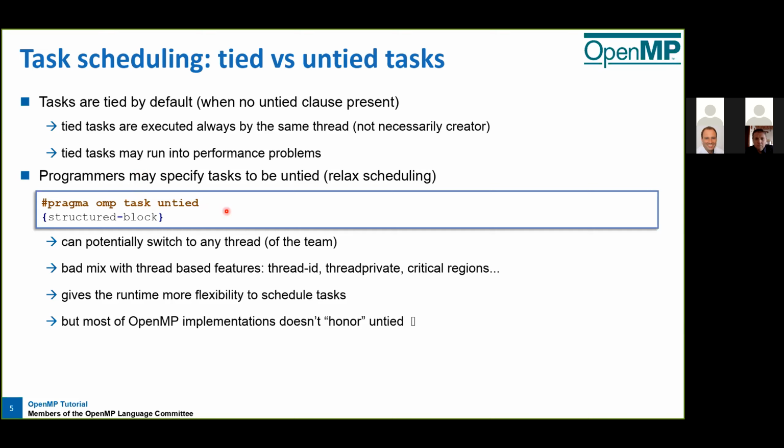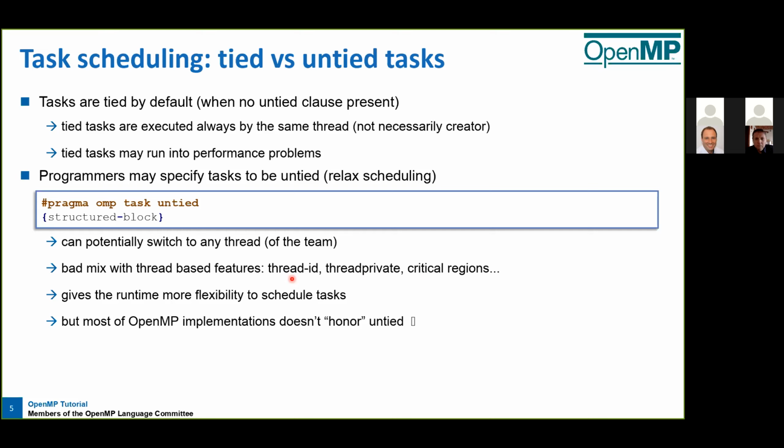Well, think of any functionality that makes use of the thread ID, for example, synchronization constructs, threadprivate data, we discussed it in the previous webinar, but also some other functions in glibc that have been made thread safe by thread privatization or other techniques, or any third-party code from which you do not know if it's safe to switch the thread that executes this code in between two function calls and so forth.